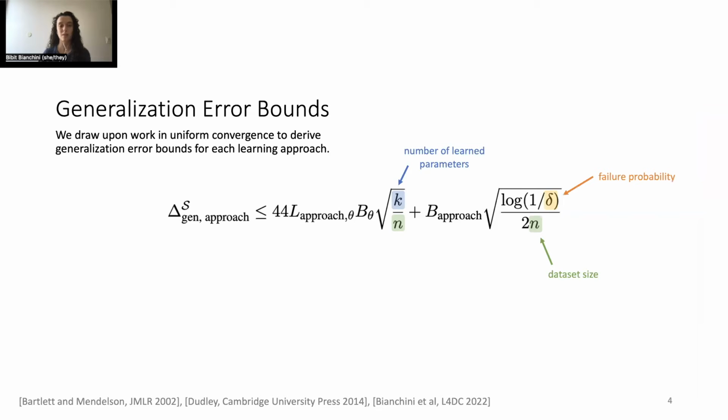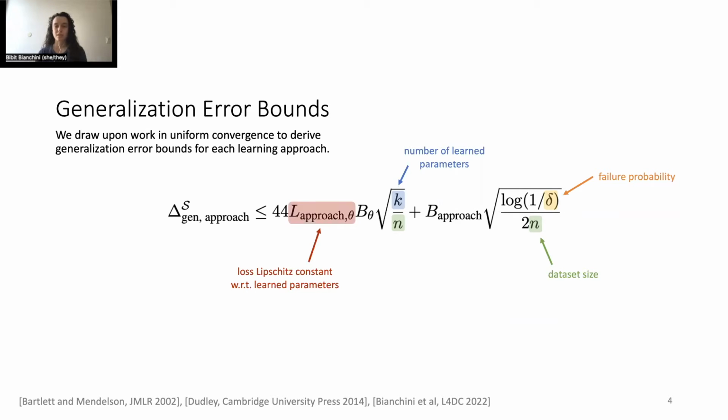So K is the number of learned parameters, delta is some failure probability that this generalization error bound holds. And we note that the data set size n appears in the denominator here. So for any approach, if you have infinite data, really all of them will generalize well. And that's why we're particularly interested in cases where this n is small.